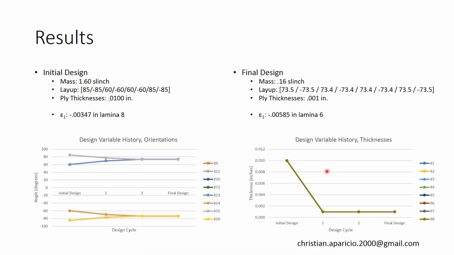On the right is the plot history of the thicknesses for each design cycle. After design cycle 1, the thickness went from 0.01 and it went down all the way to 0.001 inches. This limit actually is a limit on the ply thickness. We imposed a design variable limit that said the thickness cannot be anything less than 0.001. So you find that limit was hit here during the optimization process.